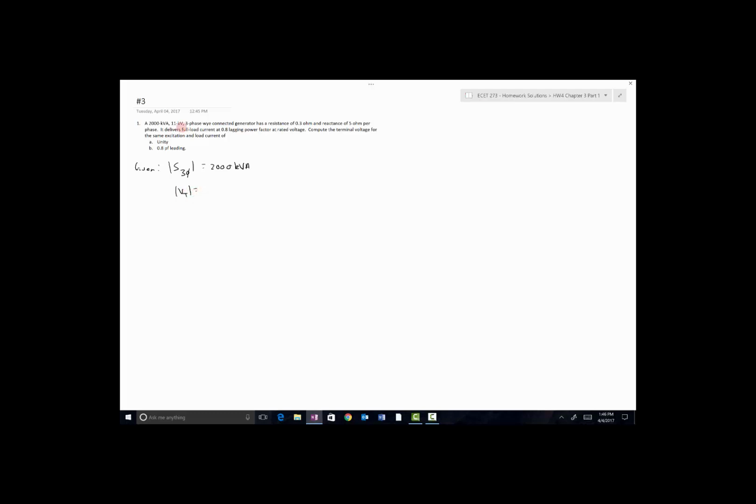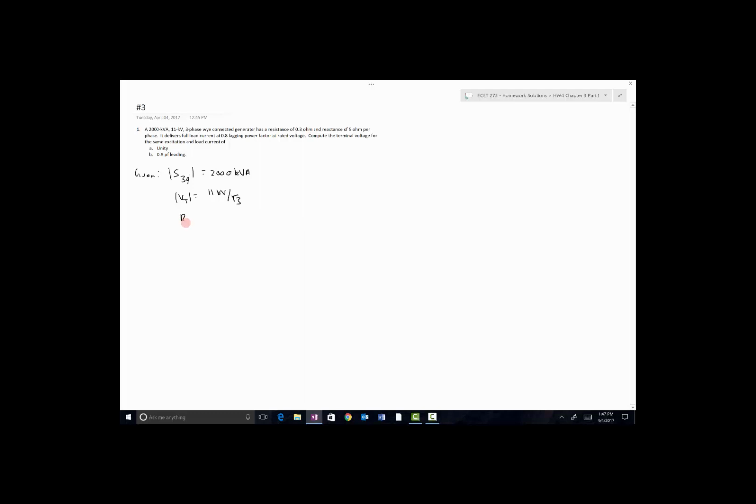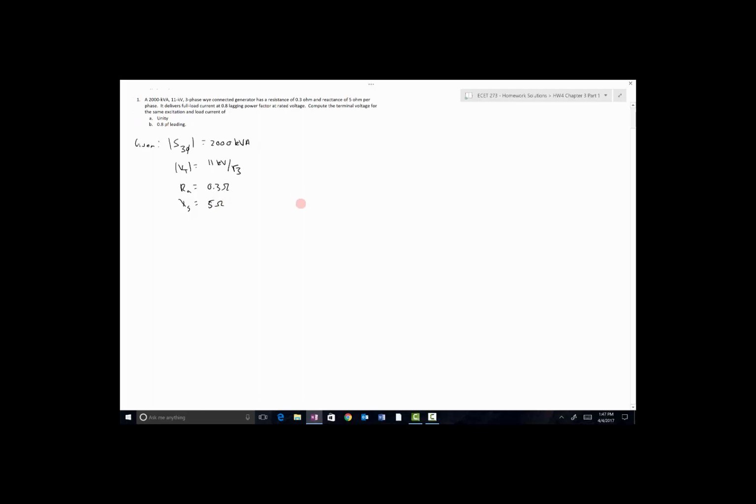But remember, that's specified as line to line, so that's 11 kV divided by root 3. We were told what the resistance is. The symbol for armature resistance is Ra. And then we've got the reactance, so that's X sub S. It's a big one, 5 ohms is pretty large. So that's what we were given.